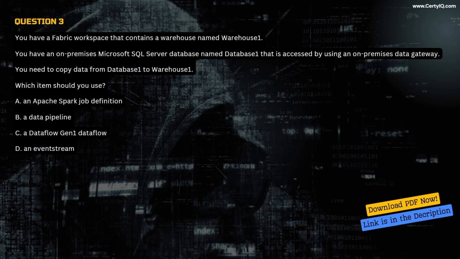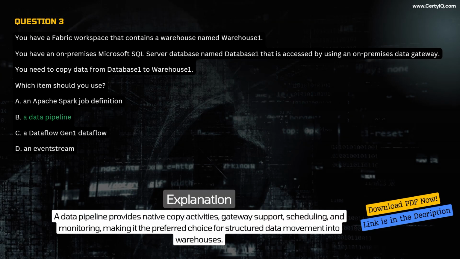B. A data pipeline. C. A Dataflow Gen 1 data flow. D. An event stream. Correct answer B. A data pipeline. Explanation. A data pipeline provides native copy activities, gateway support, scheduling, and monitoring, making it the preferred choice for structured data movement into warehouses.